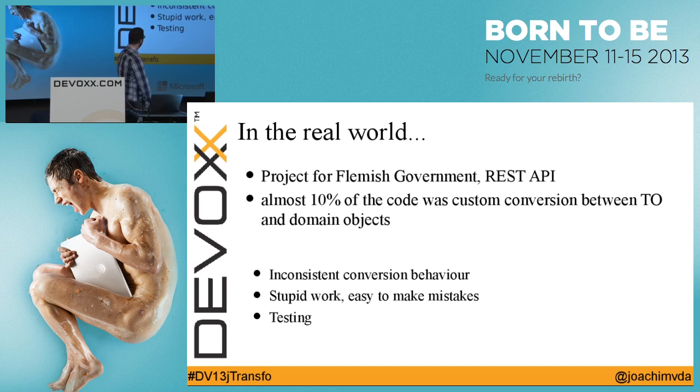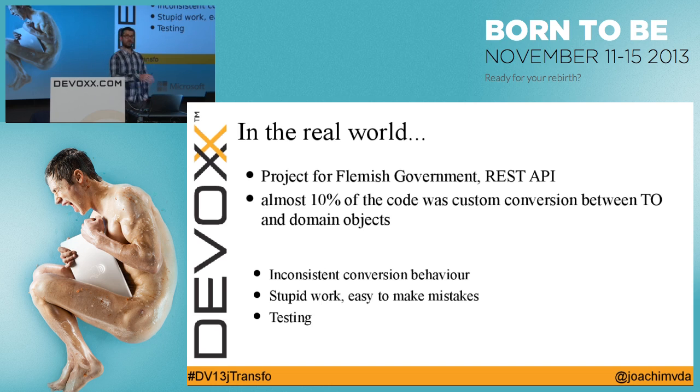As an example, in a project where we checked all this for the Flemish government, it's a big Java project where everything is surfaced through a REST API, with all the REST calls using transfer objects. At the time that we actually converted it to JTransfo, almost 10% of the code was custom code doing conversions between transfer objects and domain objects.